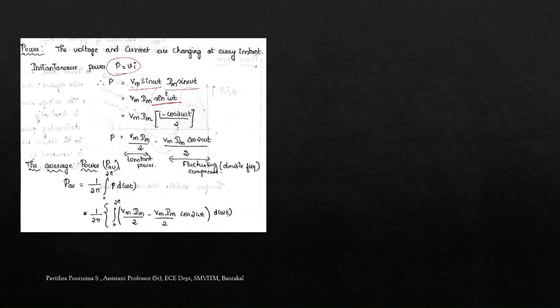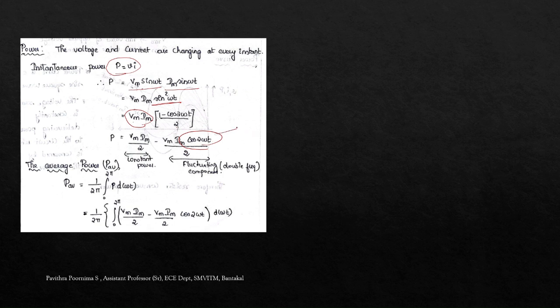So if we split this equation, here we have two terms, 1 and cos 2 omega t, and this is a product. So I am going to split this equation. One is Vm Im divided by 2, and one more is Vm Im cos 2 omega t divided by 2. And if we see this equation, this is a higher frequency.